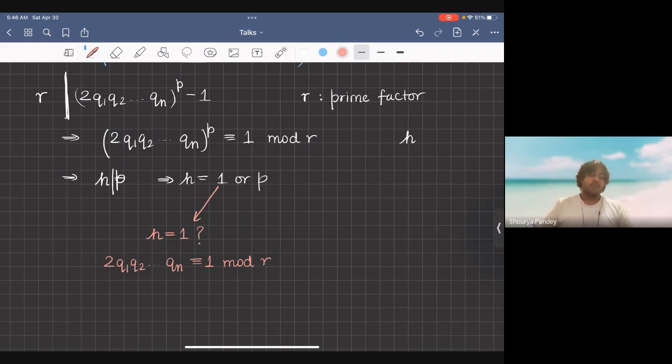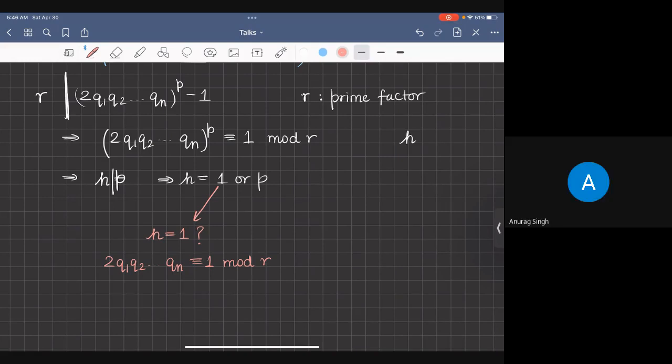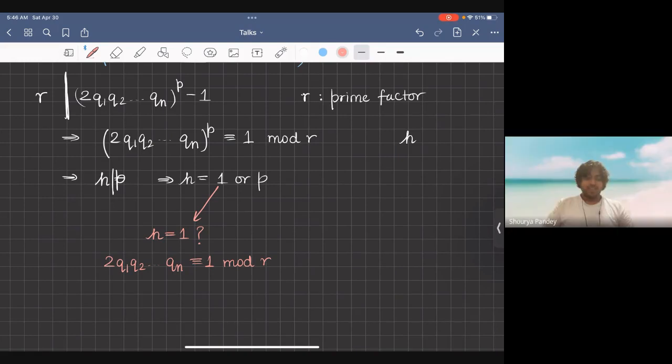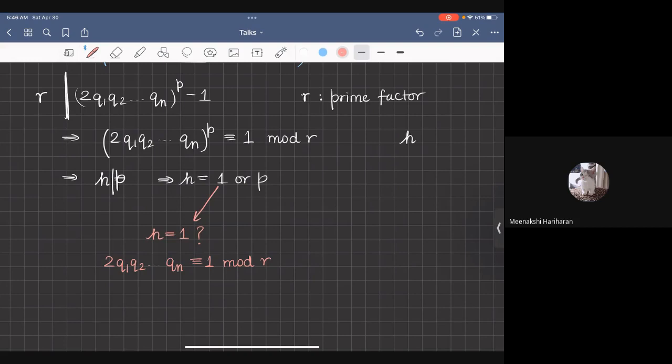What happens in this case? Wait, r is also prime, right? Yes.